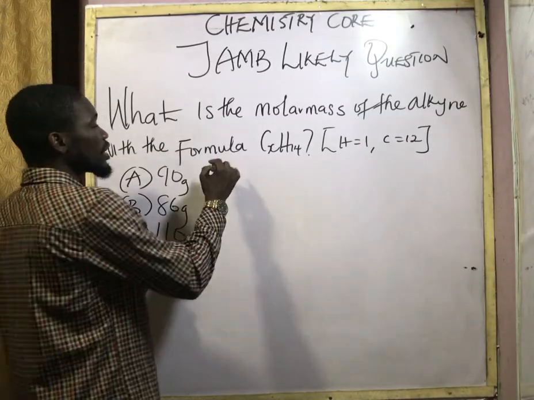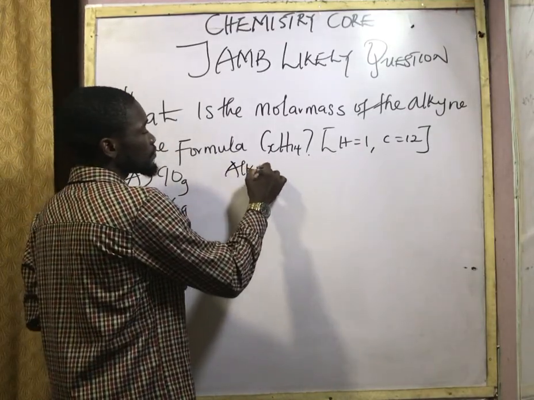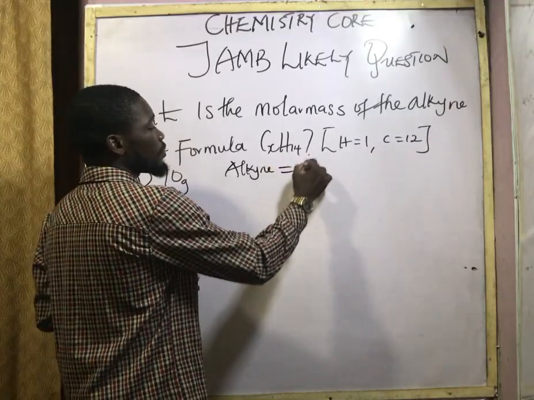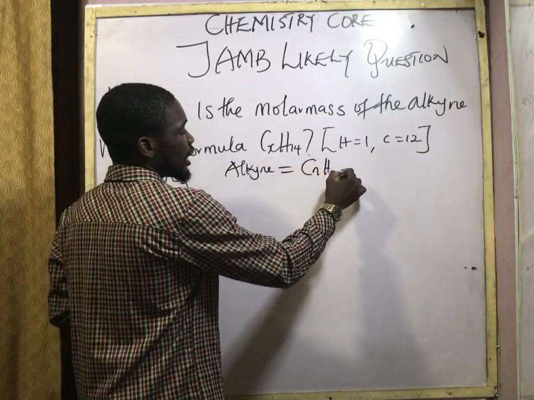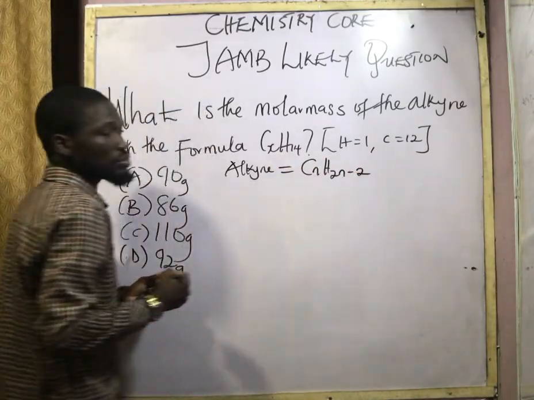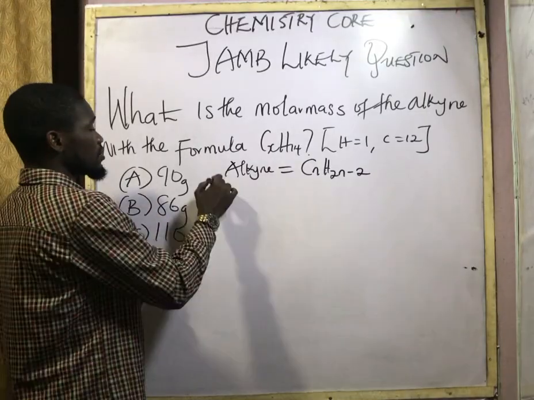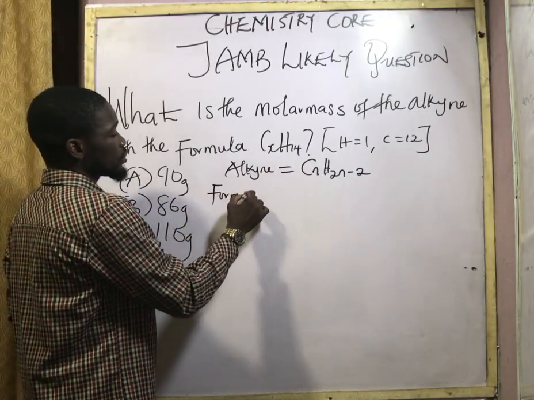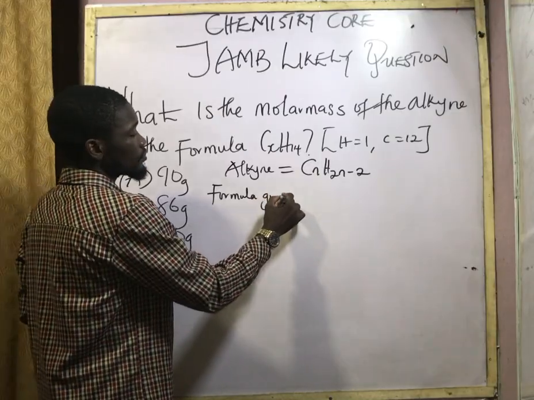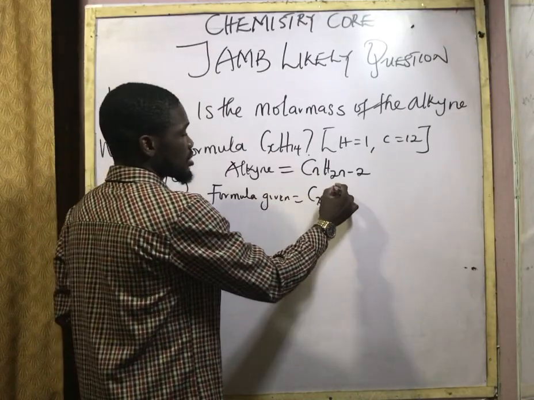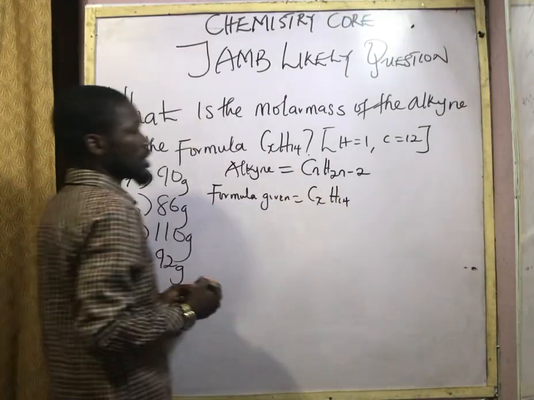Now, the general molecular formula of alkyne is CnH2n minus 2. Now, the formula given is CxH14.